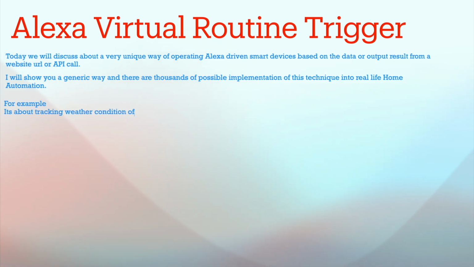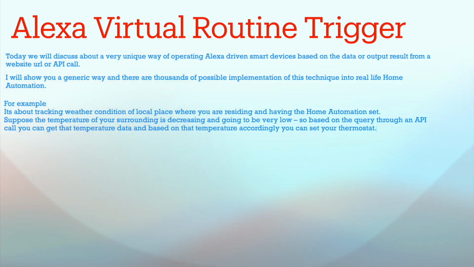For example, it's about tracking the weather condition of the local place where you are residing and having the home automation set. Suppose the temperature of your surrounding is decreasing and going to be very low. Based on the query through an API call, you can get that temperature data, and based on that temperature, you can set your thermostat.